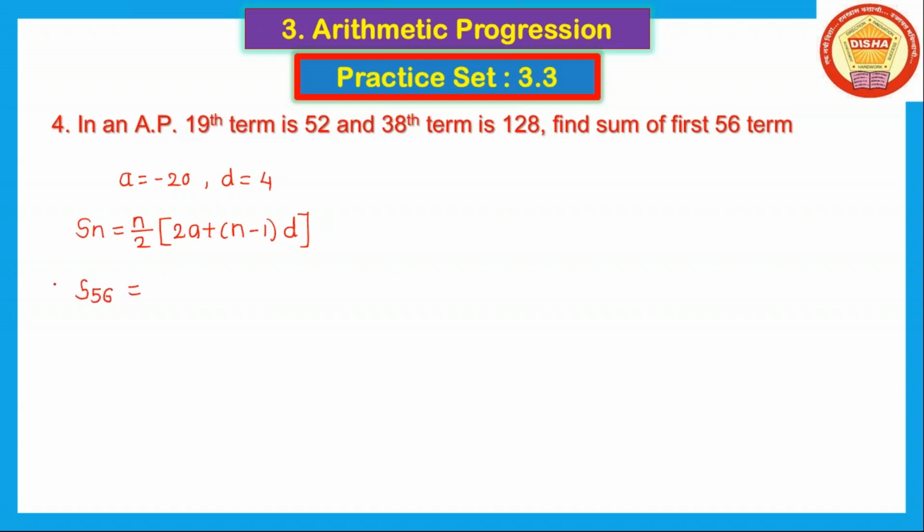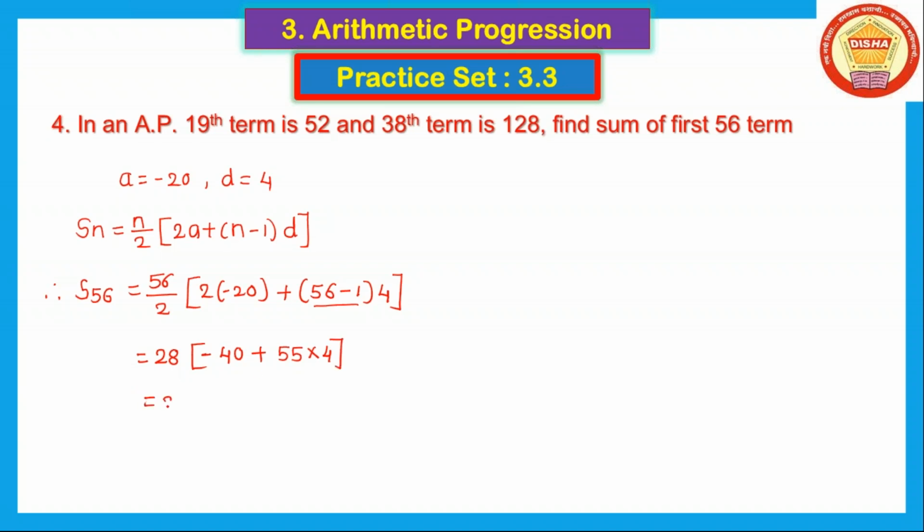So we write here S56 is equal to 56 upon 2 in bracket 2 into negative 20 plus 56 minus 1 into 4. We divide 56 by 2, which is 28. Then we solve the bracket. Minus 40 plus the subtraction is 55 into 4.